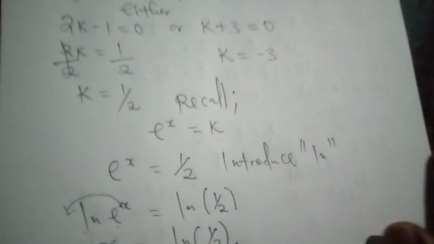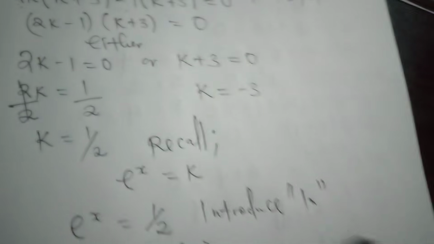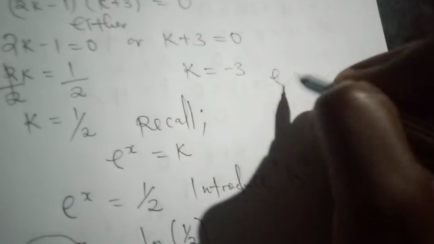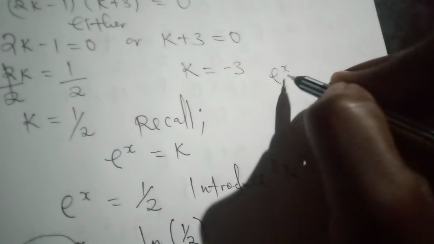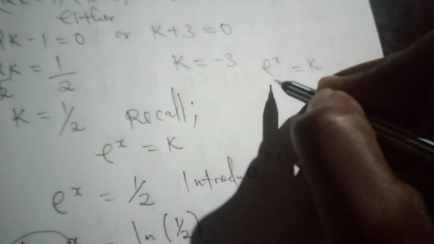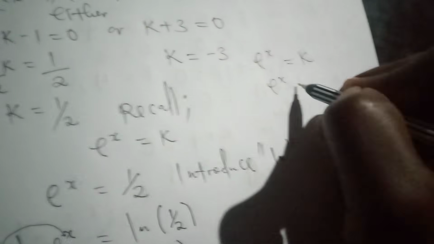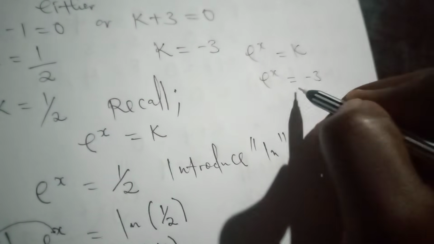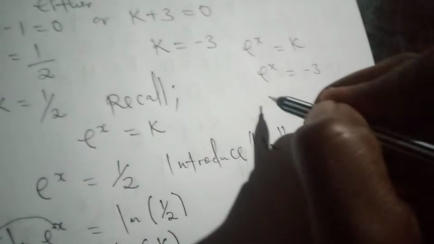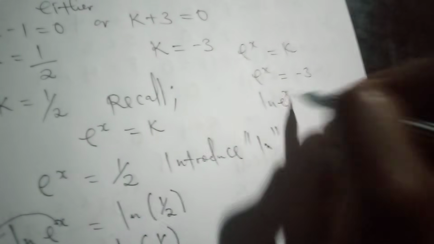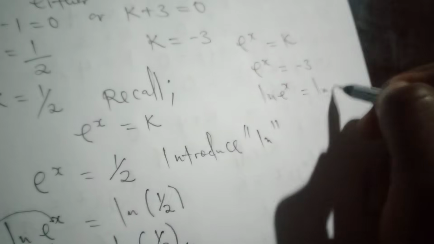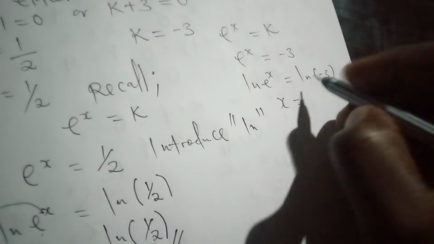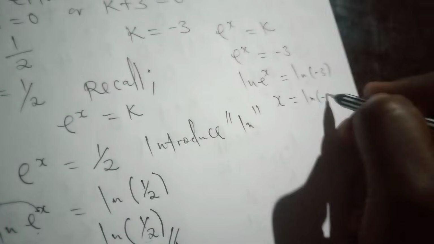So we also try to calculate for this one. So that is ln of e to the power x is equal to k. So our value of k, that is negative 3, introduce ln to both sides, that is x is equal to ln of negative 3.